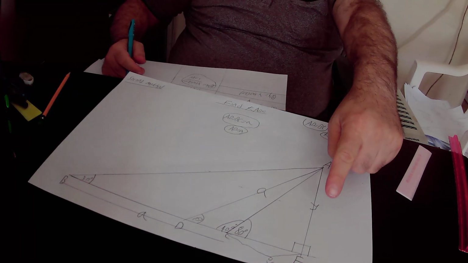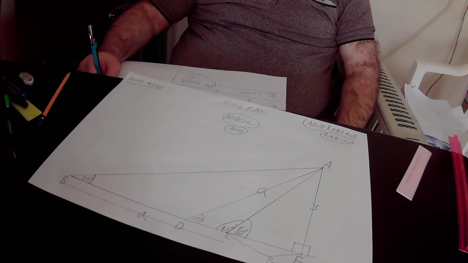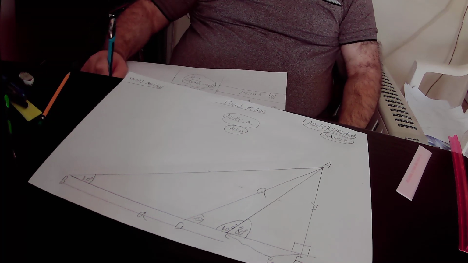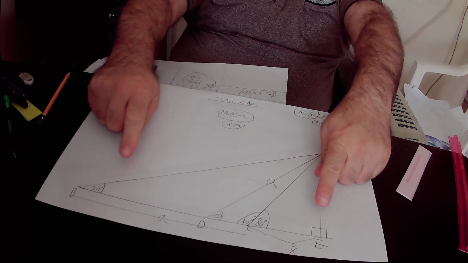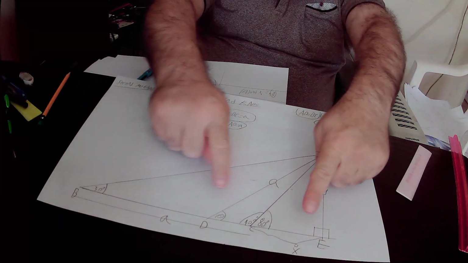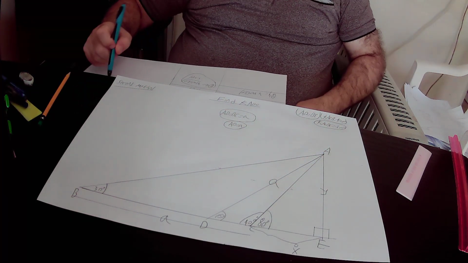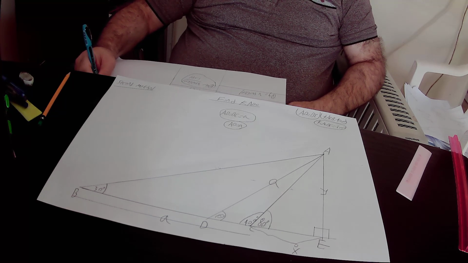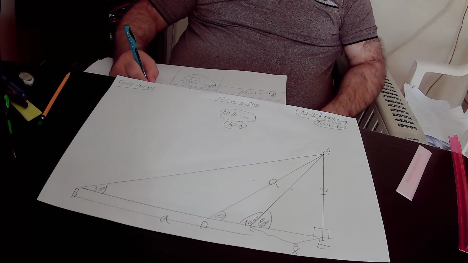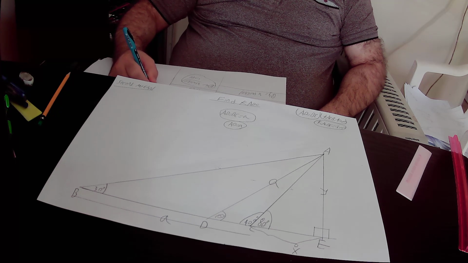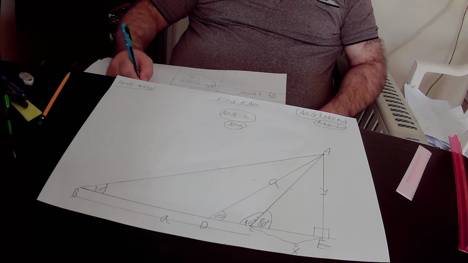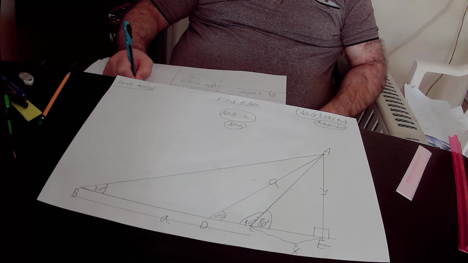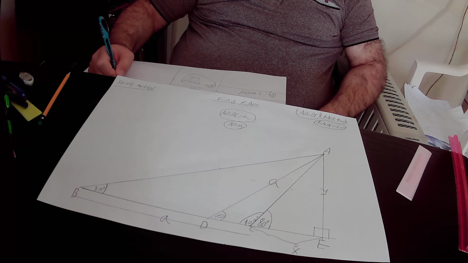But AE equals y according to our definition, and BE equals A plus x. So in conclusion, according to equation number 3, we will get that tangent 30 degrees equals y over A plus x.